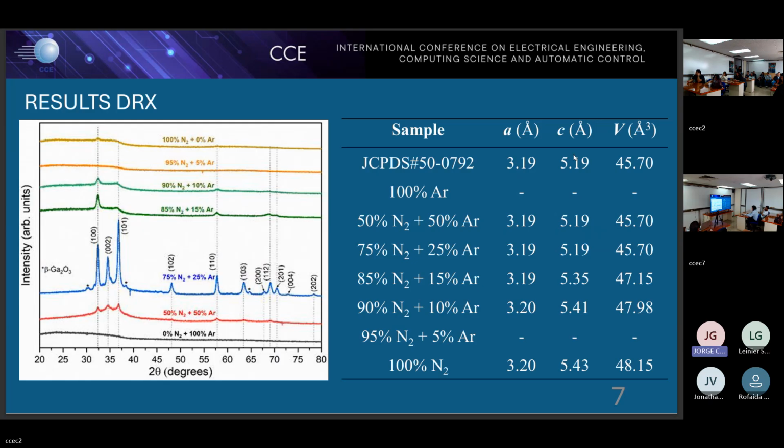Another situation: we notice that in the case of 75%, we find some reflections corresponding to gallium trioxide.